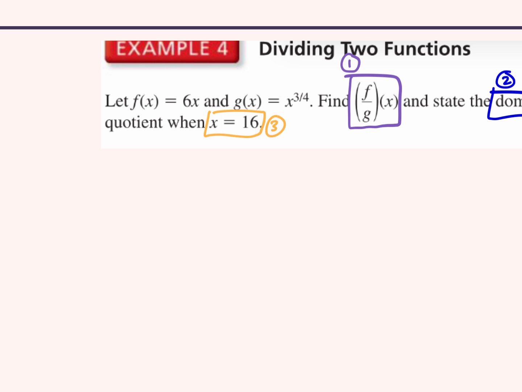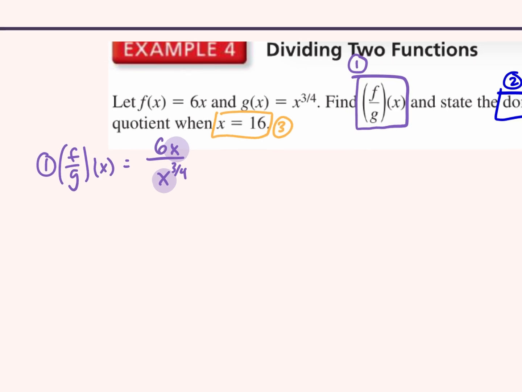So the first thing we want to do is find f divided by g. So question 1 is f divided by g of x. So we take our function f and divide it by g. So 6x divided by x to the 3/4 power. Now our x's have the same base, so what could I do to combine them together when dividing?